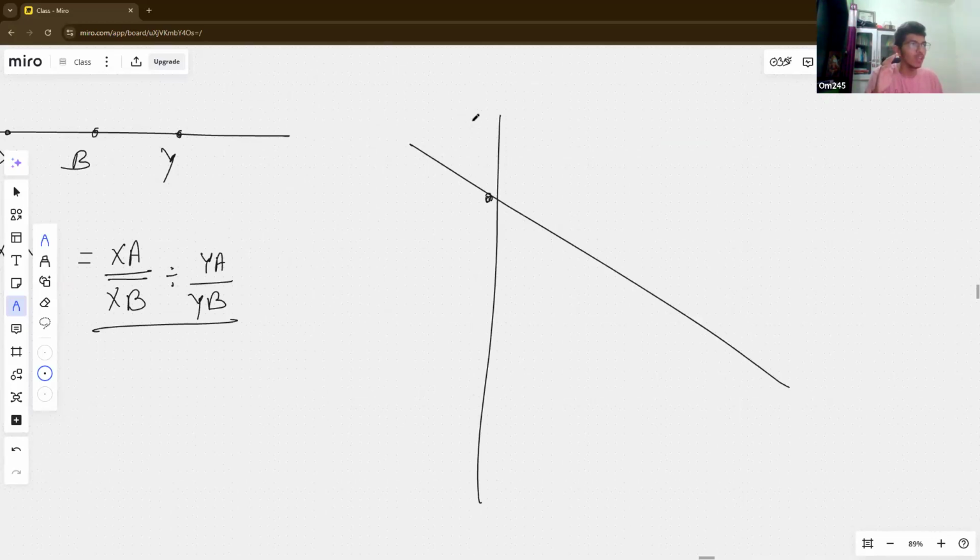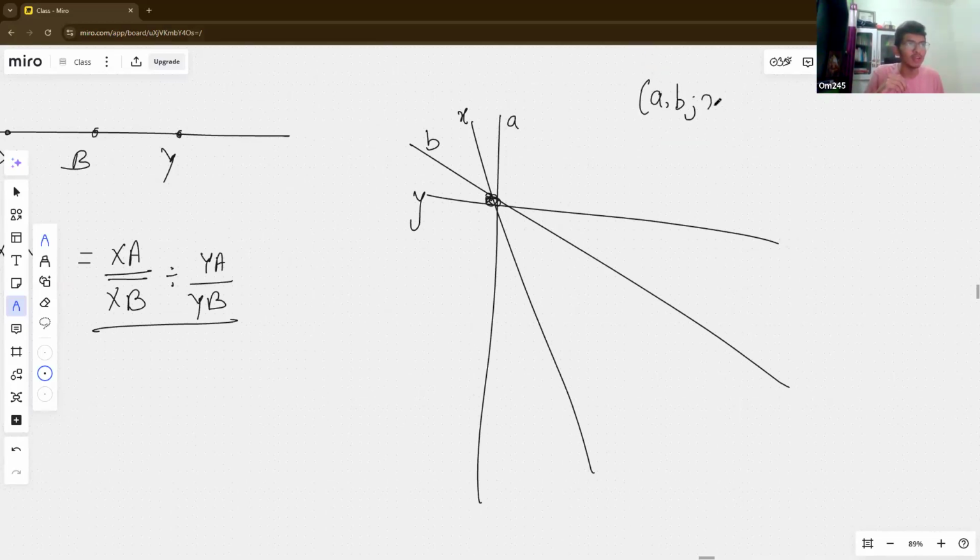So if you consider 4 lines passing through a point, many times we just call lines by small letters. So we call these line a, line b, line x, line y. Then we also define cross ratio for a, b, x, y. So this is cross ratio for lines which have a common point.